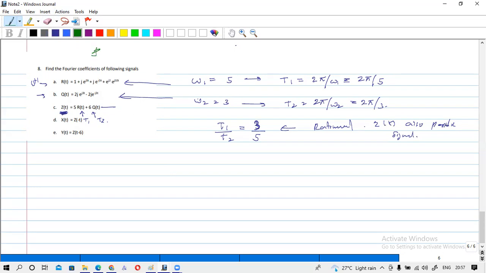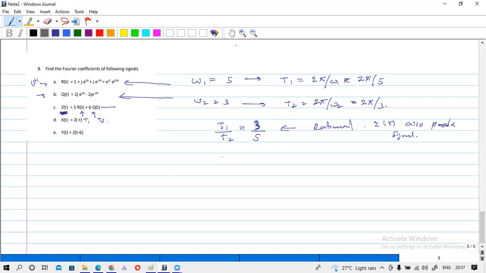If we have a signal like A e^(jω₀t), this gives the fundamental frequency, and T0 will be 2π by omega naught. We have learned these things. I don't think you are confused, but if you have any problem, you can ask me.